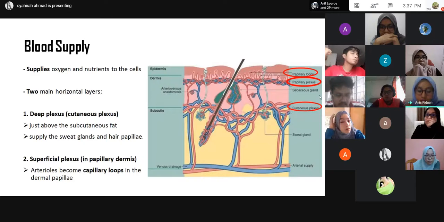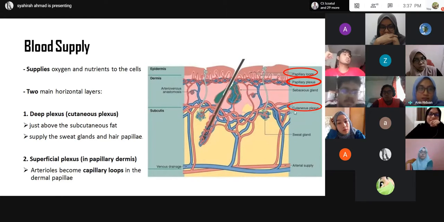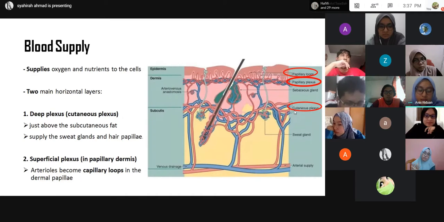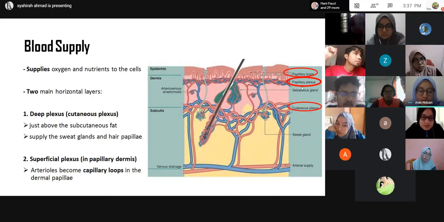First, the deep plexus, also known as the cutaneous plexus, is situated just above the subcutaneous fat, and it supplies the sweat glands and the hair papillae. Next is the superficial plexus, which can be found in the papillary dermis.